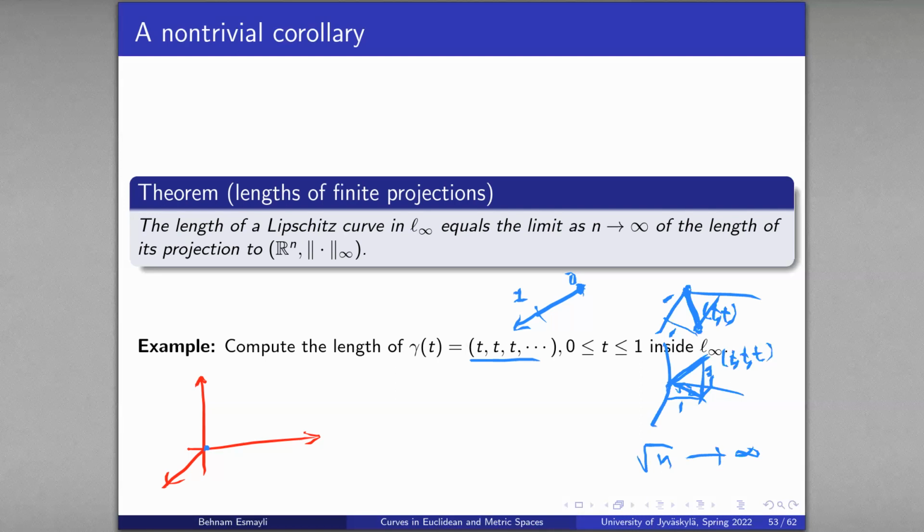But this curve in L infinity actually has length equal to 1. How come? Because all of these computations I did were in the usual Euclidean norm. The difference with the L infinity norm is that if you're in R2, say, for simplicity, this has the same length as this, just because of the way L infinity works.